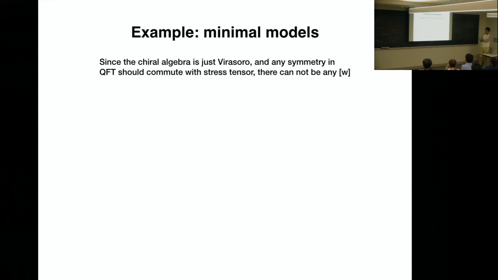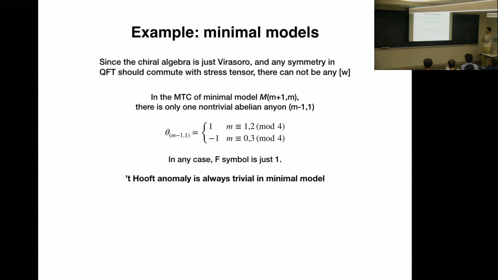All right, so of course, let's look at minimal models. For minimal models, the chiral algebra is just a Virasoro algebra, so no extended chiral algebra. And because any symmetry in the QFT should commute with the stress tensor, the symmetry should commute with the chiral algebra. So that means there cannot be any fractionalization class from the bulk point of view.